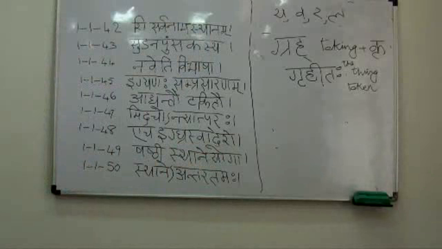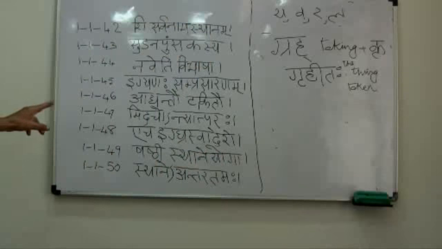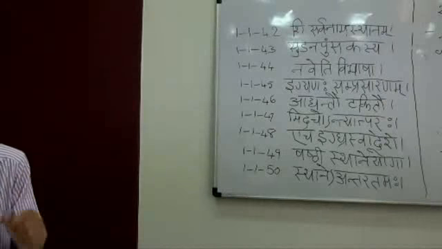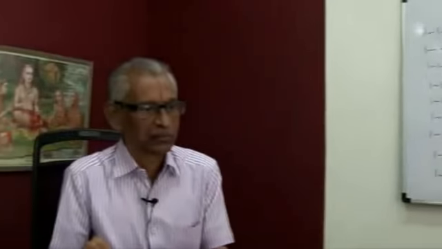Now we will take the next sutra. Adyantau takitau. This is a paribhasha sutra. Paribhasha means a rule signifying a particular order when no earlier order has been given.